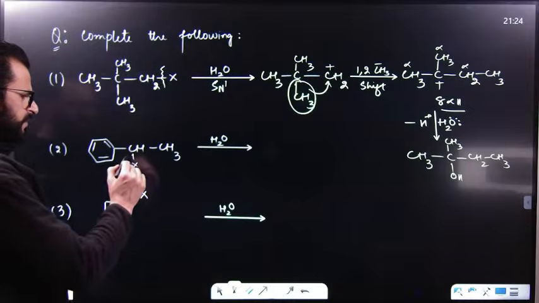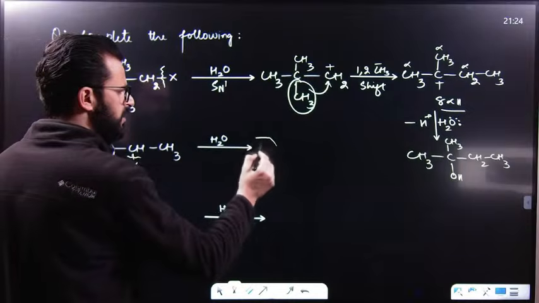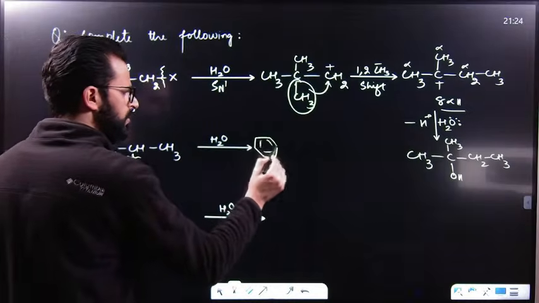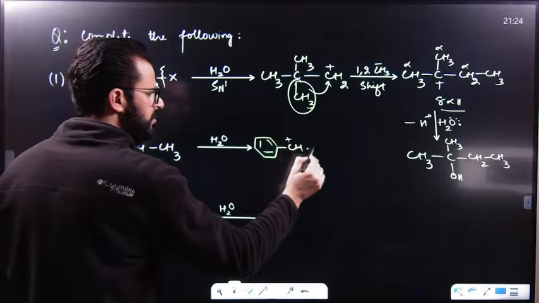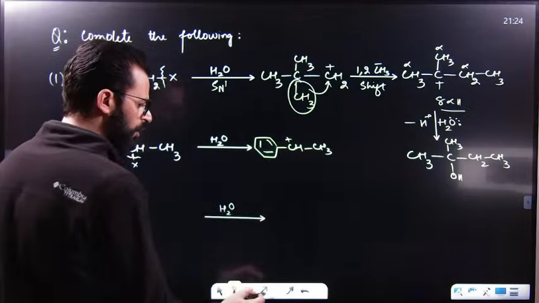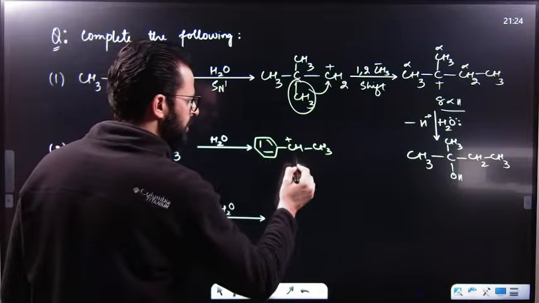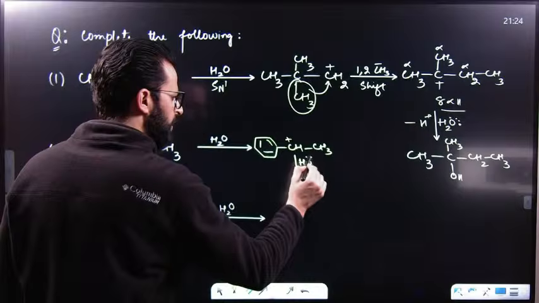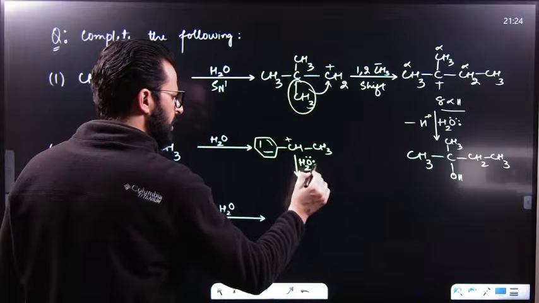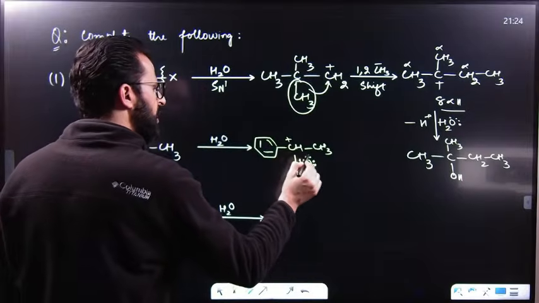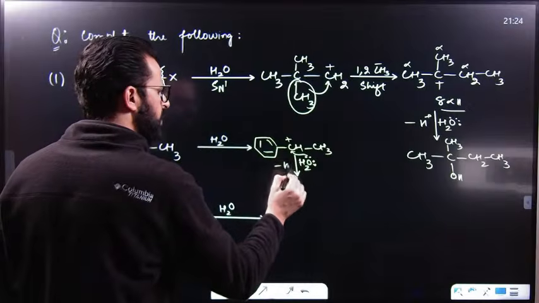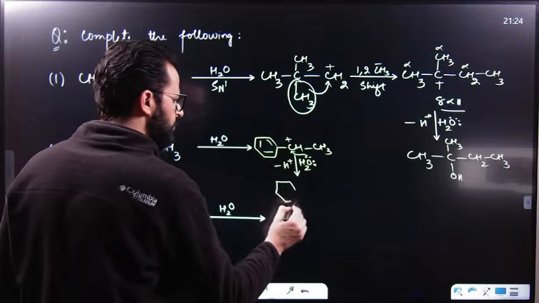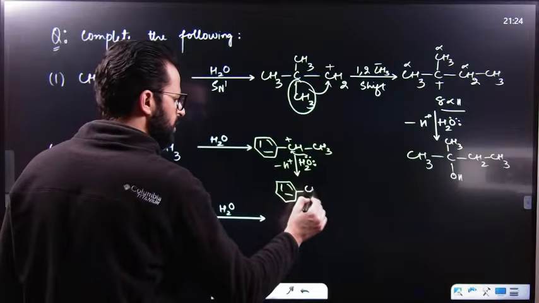Similarly, this bond will be broken first and it will result in the formation of a carbocation, but this carbocation will not undergo rearrangement as this is a stable carbocation. Finally, water will act as a nucleophile, hydrolysis will take place, water will attack this carbocation and finally lose H positive, and this will be the product of the reaction.